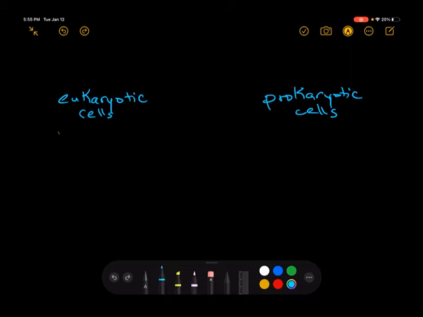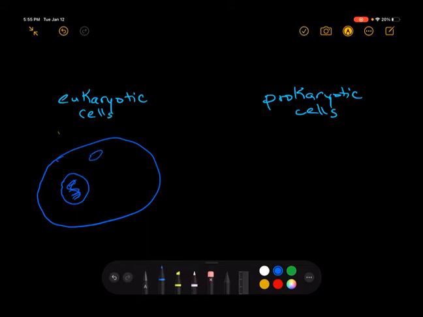Eukaryotic cells are cells that have membrane-bound compartments. That is the number one thing to remember about eukaryotic cells. So if I've drawn the cell membrane here around the outside of the cell, then we will also see things such as a nucleus where the DNA would be found. The nucleus has a membrane. We would also see things like mitochondria.